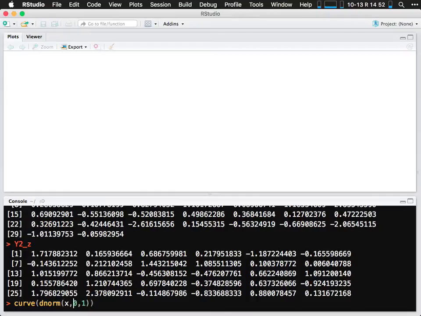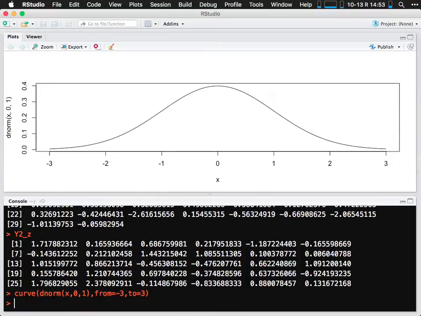We have to put x there because curve uses the first argument. It will set the value of x to a whole bunch of different numbers and evaluate this function. Let's look at the curve for the normal distribution from equals -3 to equals 3, and look at what that looks like.